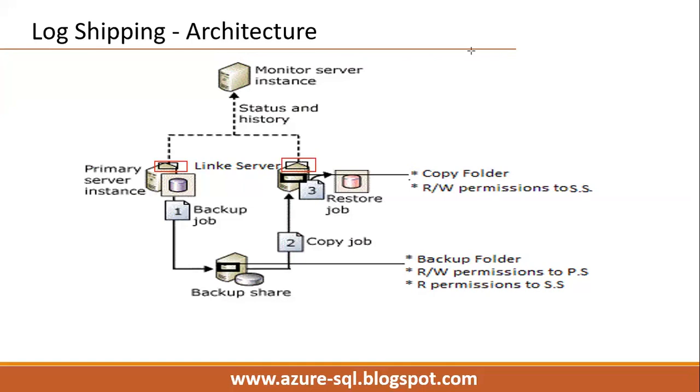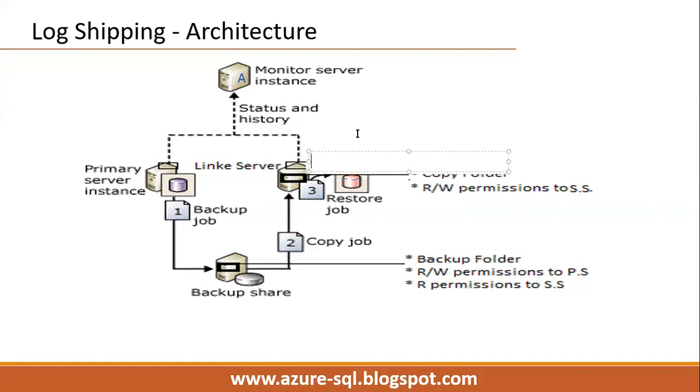This is how log shipping is working internally. Very simple. Log shipping works in the background with the help of three jobs. Actually, remember, if a monitor server is there, one job is created there: the alert job. If no monitor server is there, then the alert job is created one time in the primary and one time in the secondary.